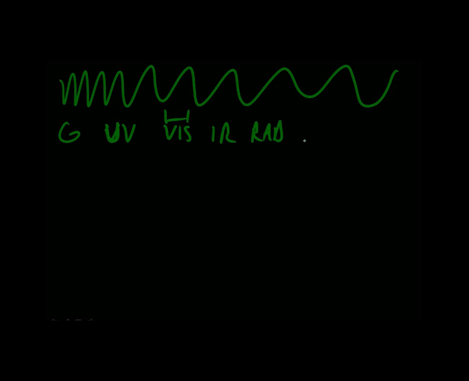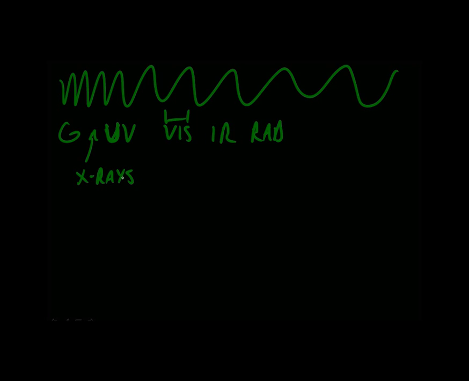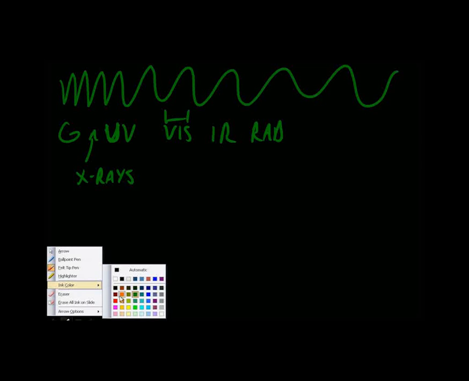And where are X-rays? X-rays just happen to fall in a specific region of the electromagnetic spectrum. We call photons X-rays as long as they fall into that specific high energy region of the electromagnetic spectrum.